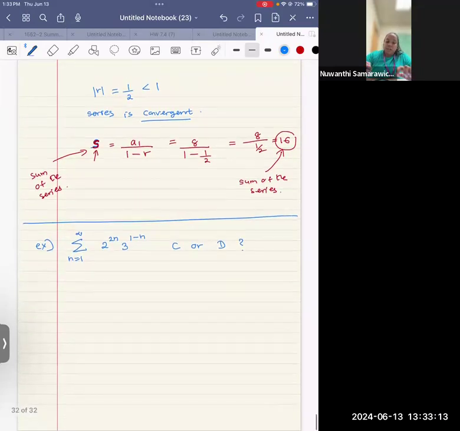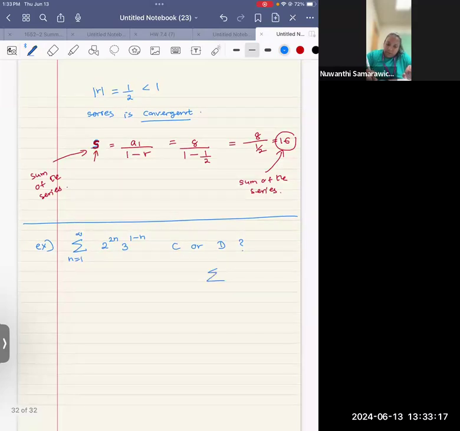What is the geometric series equation? A geometric series, if you identify your series, will look like this: A r to the power n minus 1. Then we can say it's a geometric series.